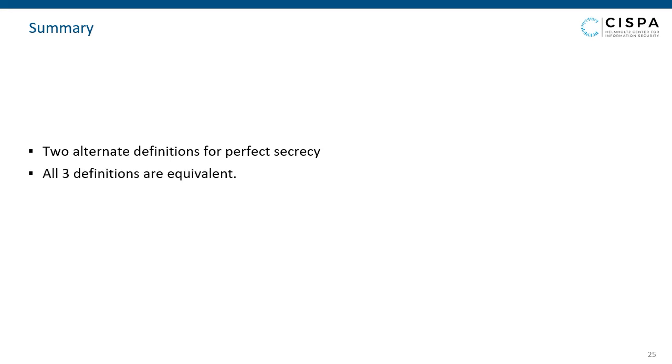Okay, so now it's time to sum up this rather long lecture and this chapter. We've considered two alternative definitions for perfect secrecy, which approach the problem of defining security of a cipher from different angles. It turned out that all three definitions of perfect secrecy that we considered are equivalent.